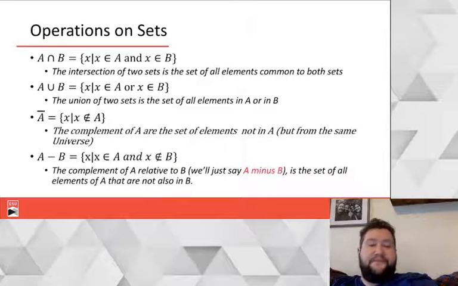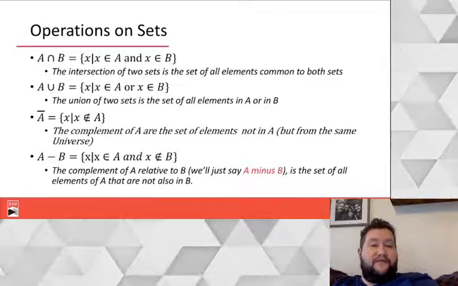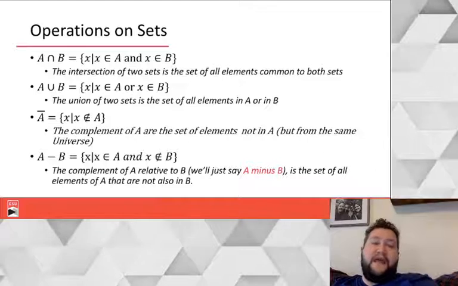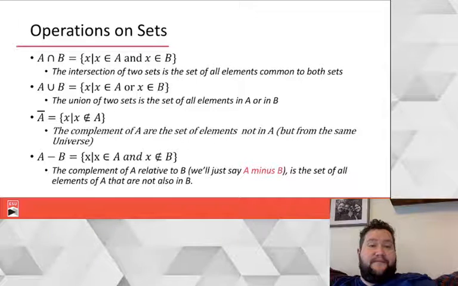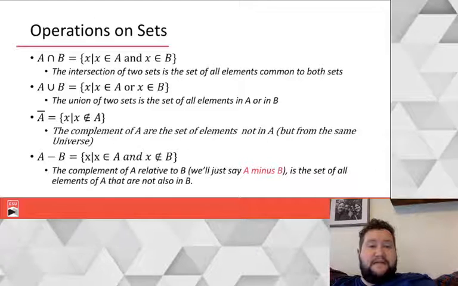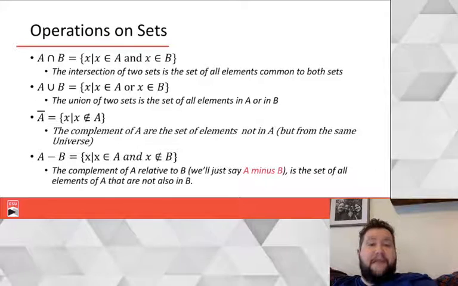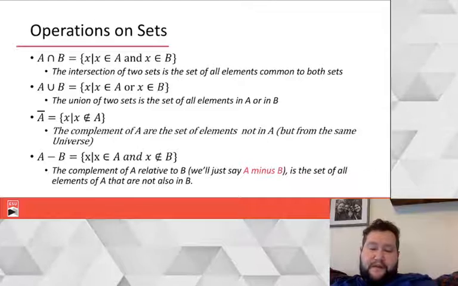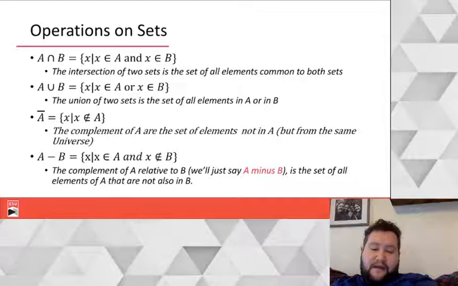And then we have the minus. A minus B. So A minus B is all those x's such that x is in A but aren't in B. So let me give you an example.